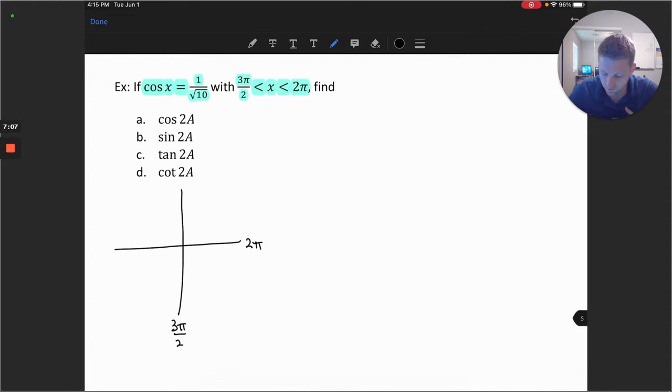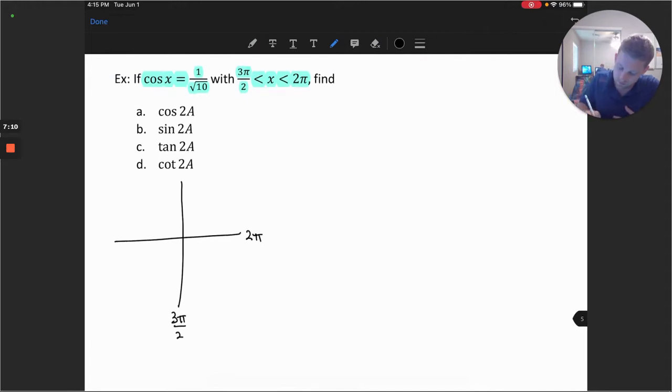And I want to represent the cosine as 1 over the square root of 10. So 1 is going to be my adjacent side. Square root of 10 is my hypotenuse. And so I'd like to go out and solve for that opposite side.